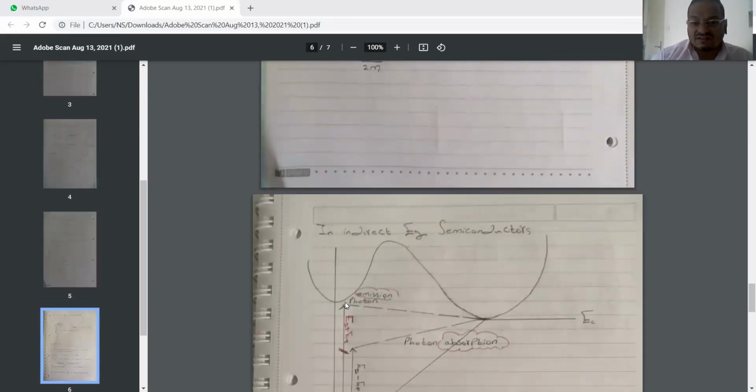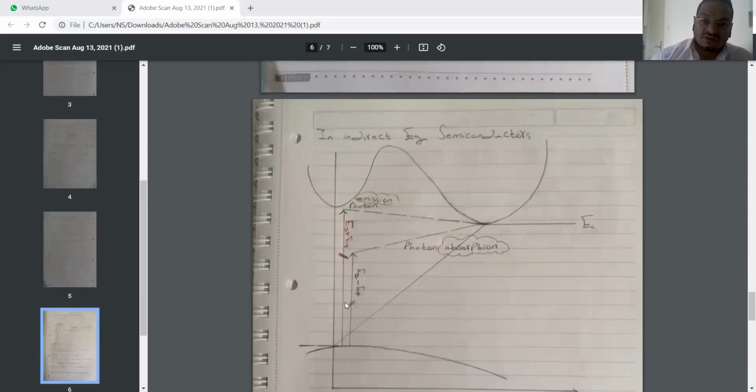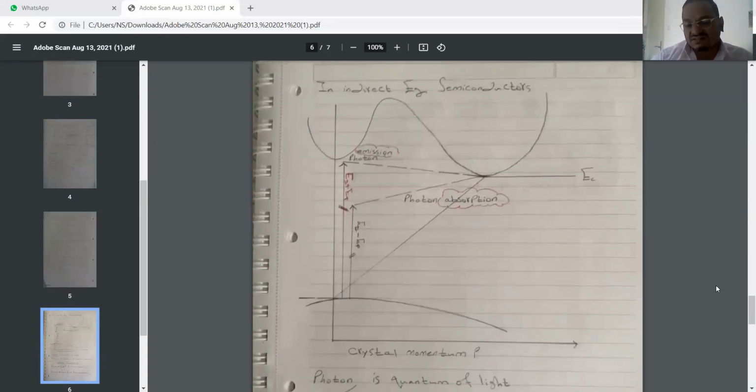Now, indirect energy band semiconductors. I selected this diagram because I think it is easier for us to understand the important information.